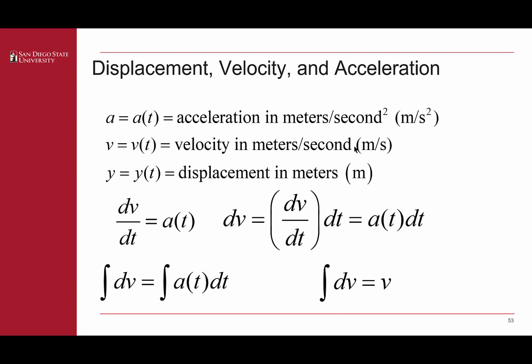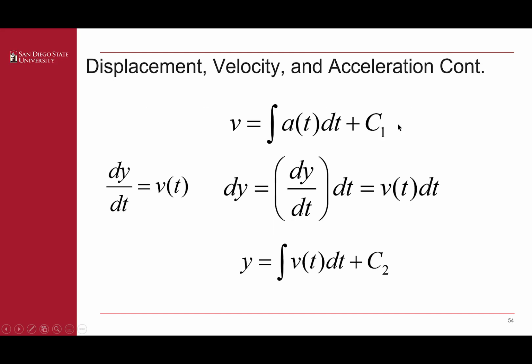And by logic we will get the integral of dv as v. And we can make a substitution, and we will get v equal to the integral of a of t dt plus a constant number c1. Similarly, dy/dt is the derivative of displacement with respect to time, and it is clearly the speed, which is v of t.